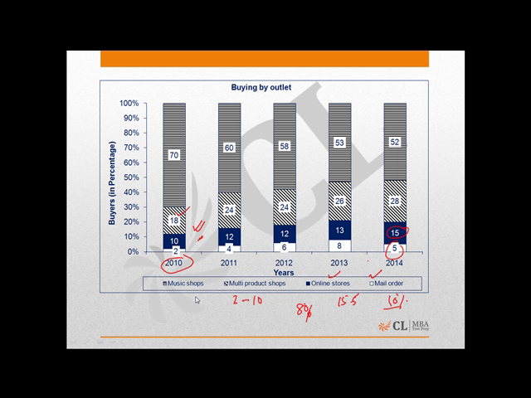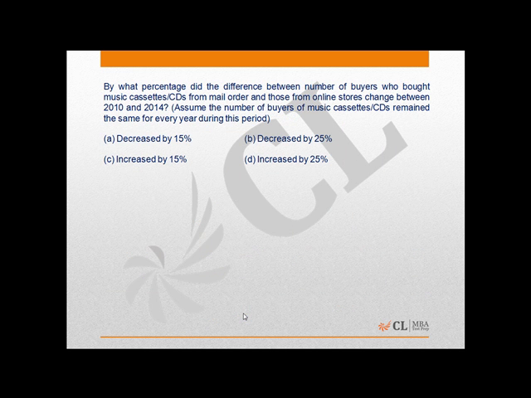Therefore, the required percentage will be (10 minus 8) upon 8 into 100. This is 25%. Therefore, there was an increase of 25%. Hence, option D is the correct answer.